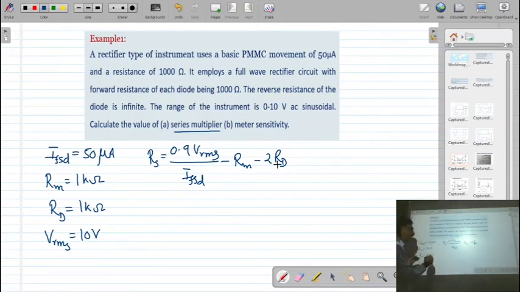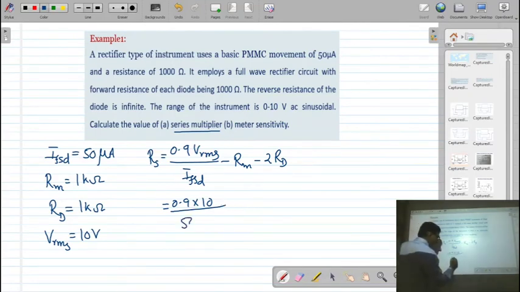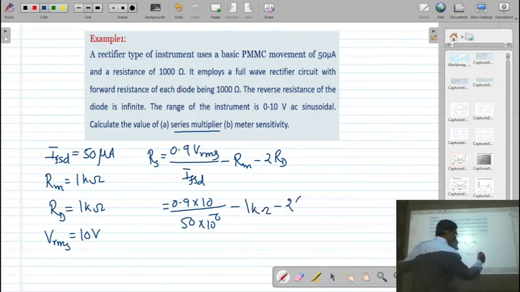Now everything is given and you can calculate. So 0.9 into 10, IFSD is 50 microampere, 50 into 10 raised to minus 6. Meter resistance is 1 kilo ohm minus 2 into 1 kilo ohm.